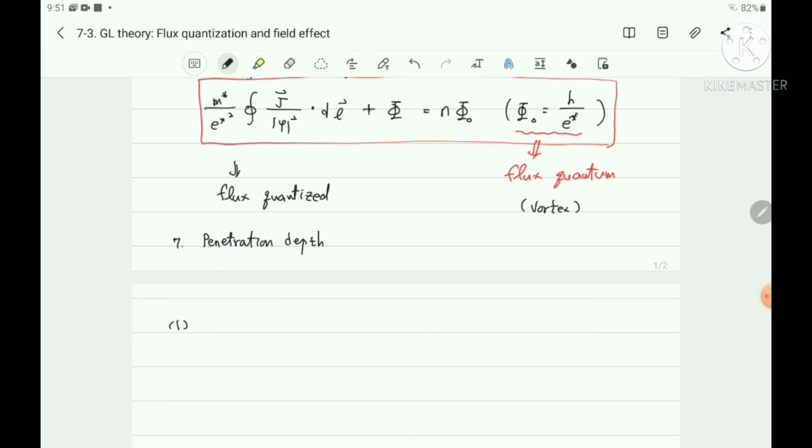In the first case, we assume that the divergence of A equals 0.